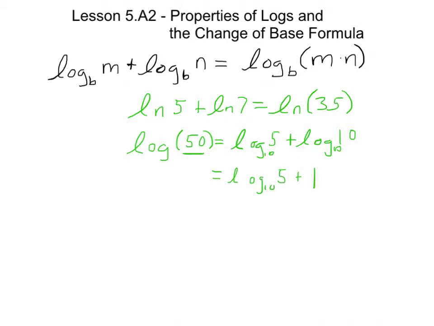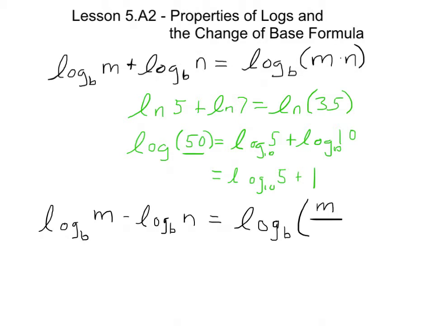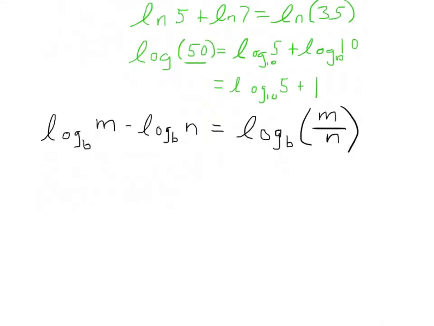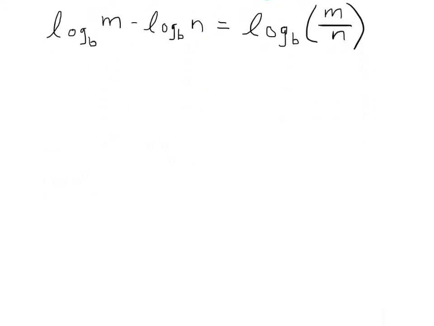So on to the next property. The next property says that if you've got a log, again, of any base of one number minus the log of another base of some other number, we can again combine it into one thing, this time by dividing m over n. Right? I could go through another example or two of this one.